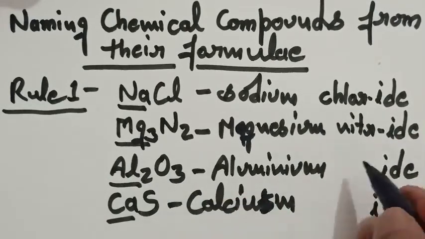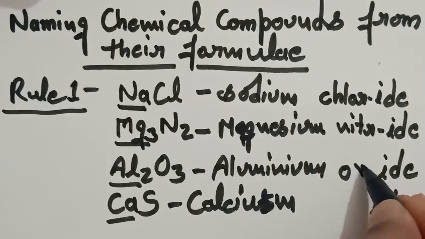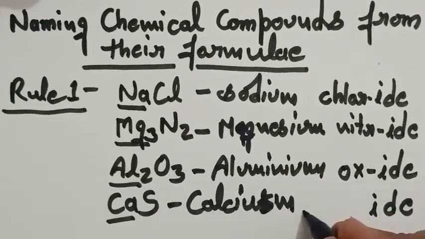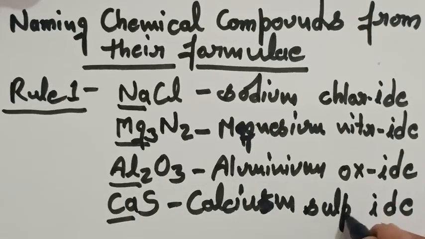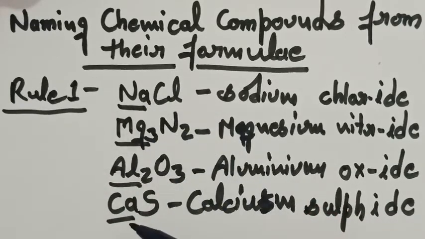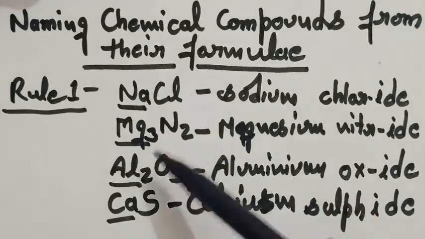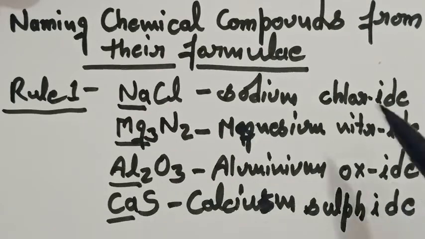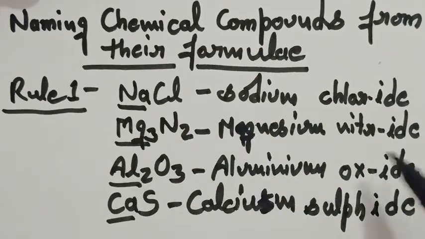This one is oxygen, that is why oxide. Then this one is sulfur, and that is why sulfide. So according to the first rule, if a compound is binary and the first substance is a metal and the second part is non-metal, we name the metal as it is, and for the non-metal we add "ide", like sodium chloride, magnesium nitride, aluminium oxide and calcium sulfide.